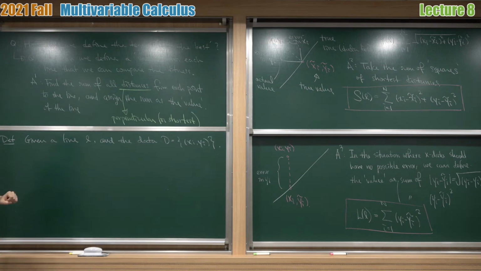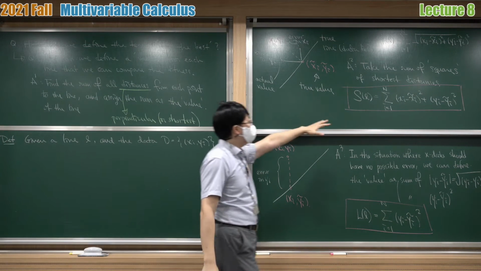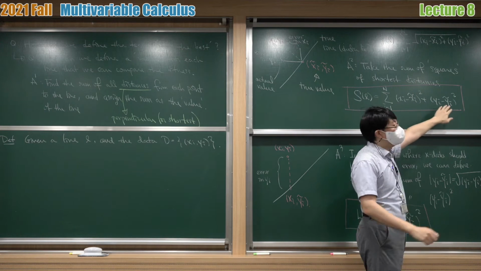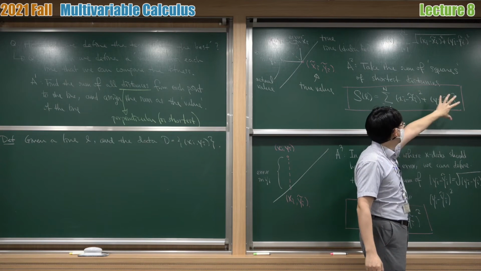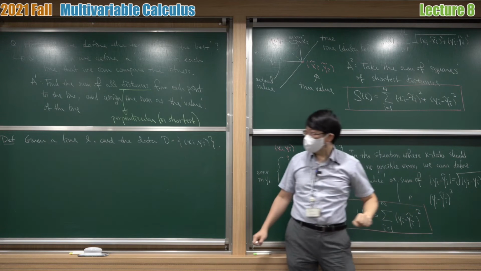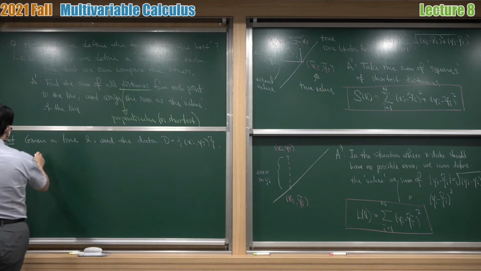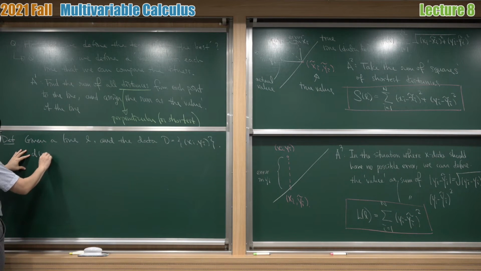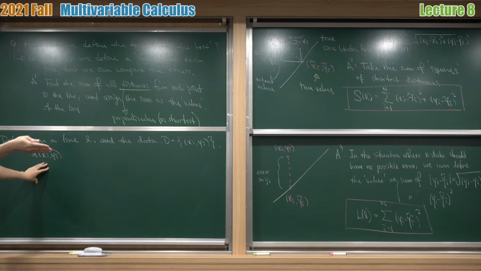Although I used xi tilde, yi tilde, this is what we don't know yet. So let me just replace this summand by d of xi yi. What we know for sure is the xi yi, which is given in the data.